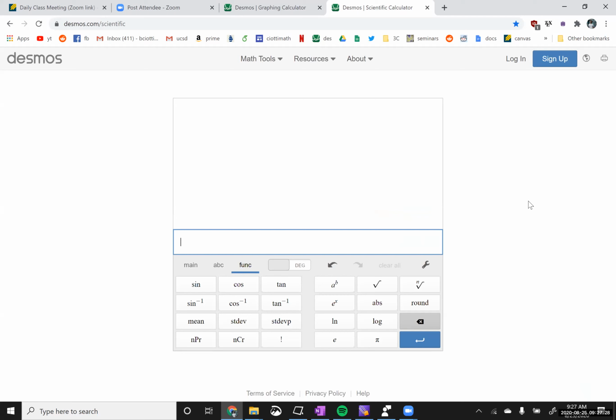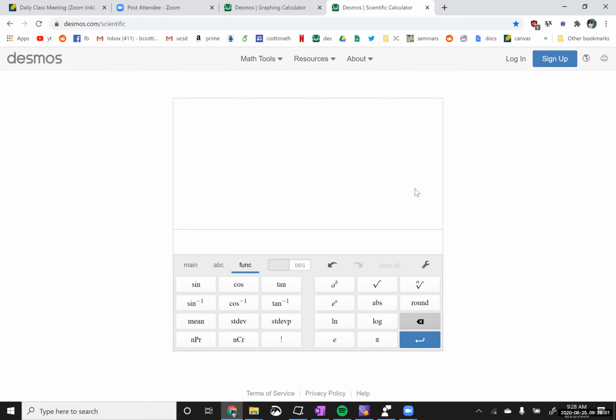Oh, and a quick note about scientific calculators. When we were taking the midterm, I said in the instructions that scientific calculators were permitted, including online ones. So this is what I meant. I realized afterward, maybe not everyone knew what exactly a scientific calculator is. This is an example. Notice it doesn't do any graphs for you.